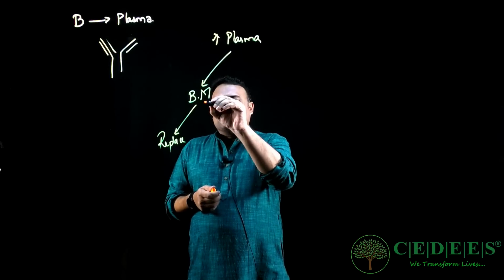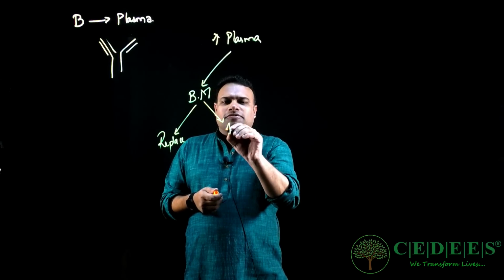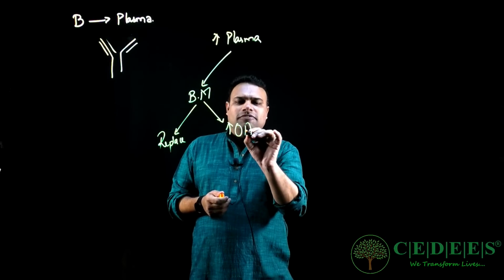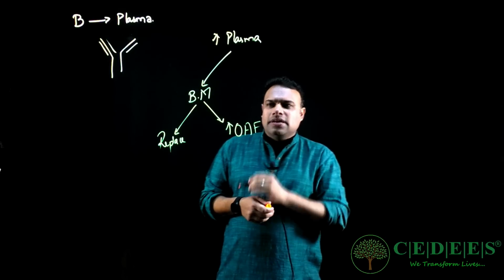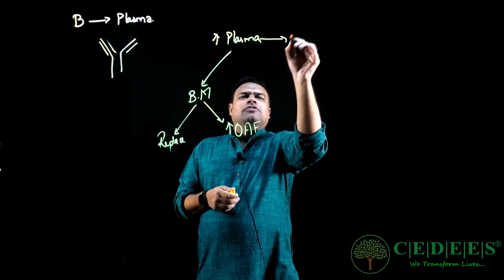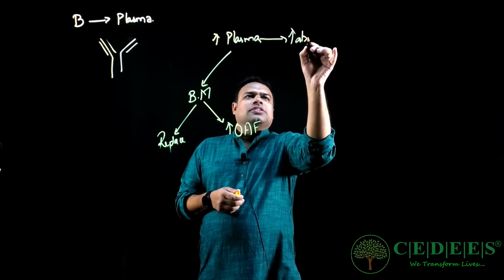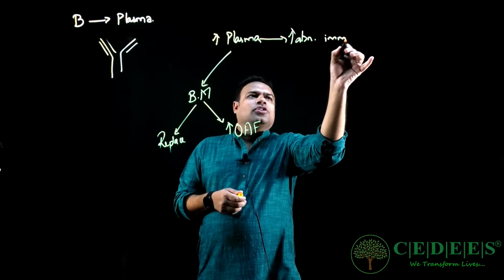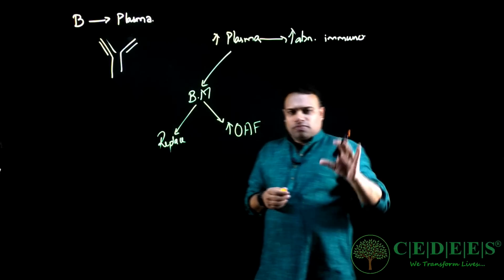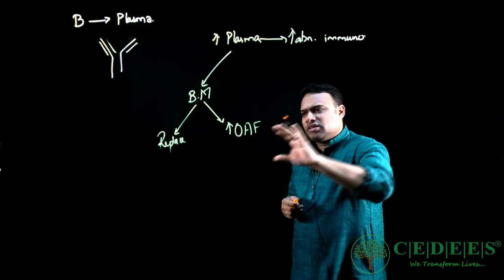And these plasma cells in the bone marrow can also increase the formation of a cytokine called osteoclast activating factor. Okay, let me come to it. And these plasma cells also can help in the formation of abnormal immunoglobulins. Abnormal immunoglobulins. Okay, and what do each of these three arms do? That's what we will focus on. What do these three arms do?